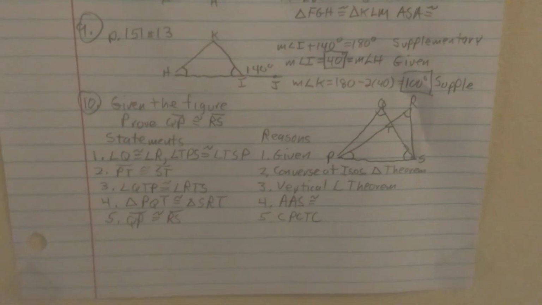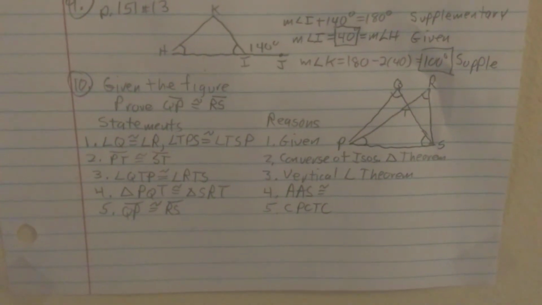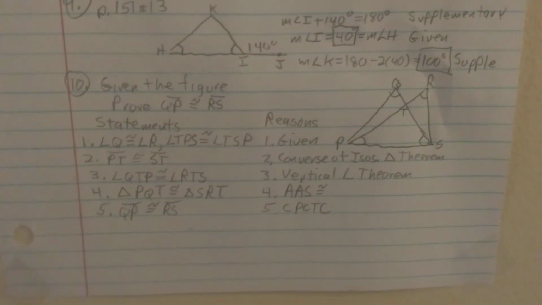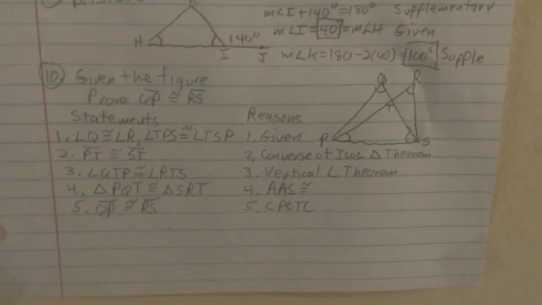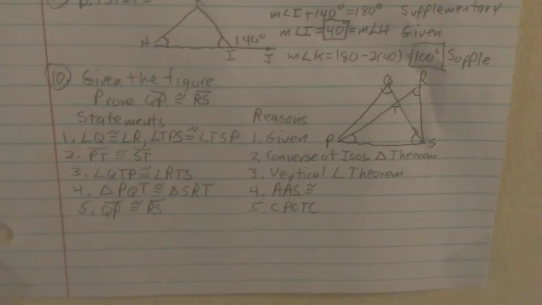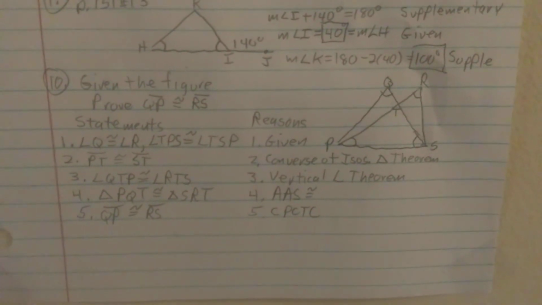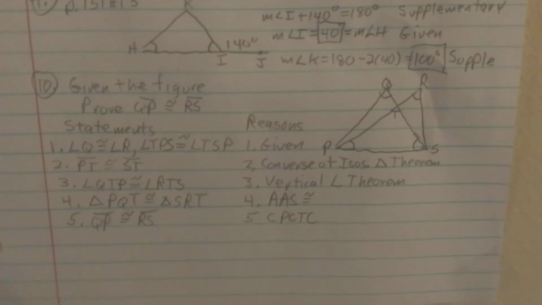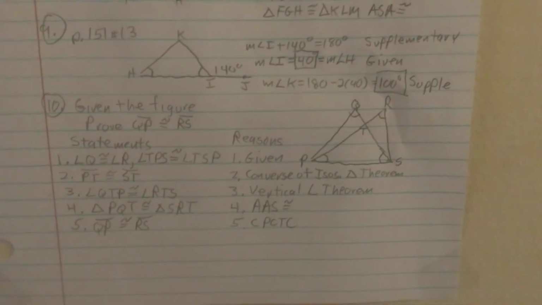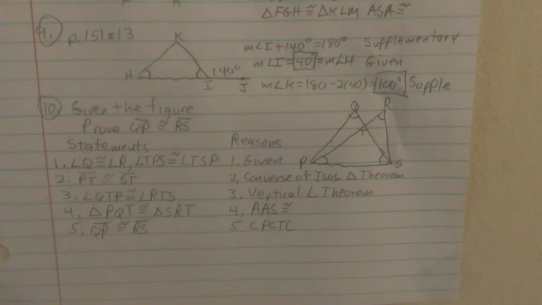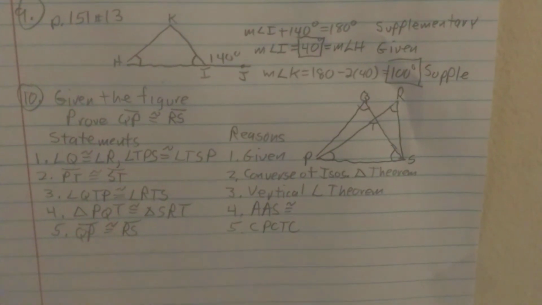And then problem 10, given the figure, prove that QP is congruent to RS. So in the figure, angle Q is congruent to angle R, and angle TPS is congruent to angle TSP as shown. Those are given. So now PT is congruent to ST, converse of isosceles triangle theorem.